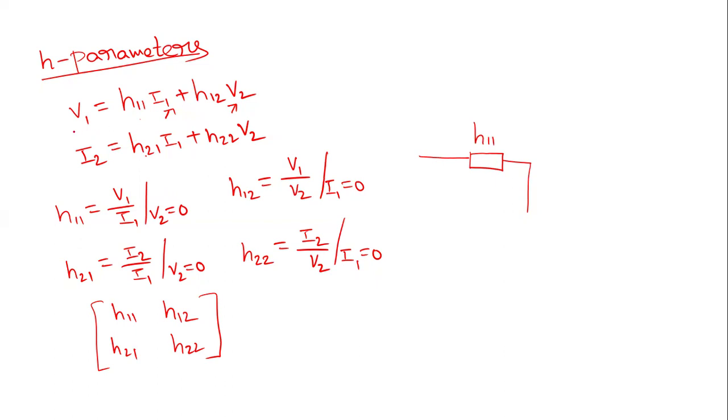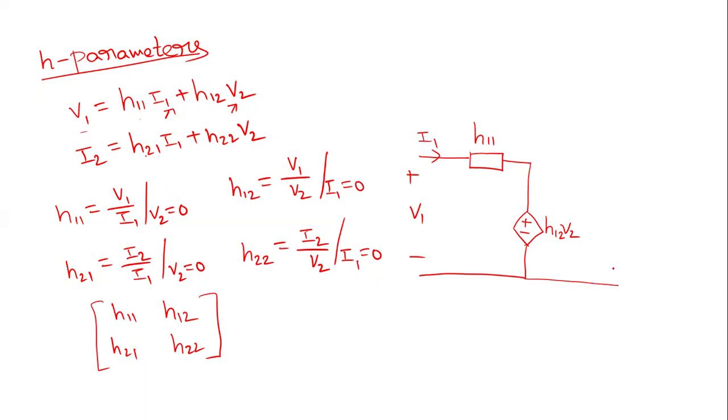Then this voltage, H12 V2, is a dependent voltage source. The input voltage is V1 and the input current is I1.